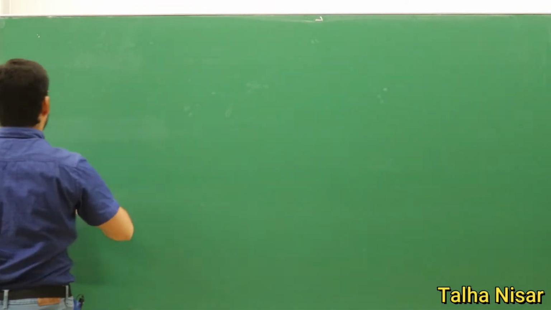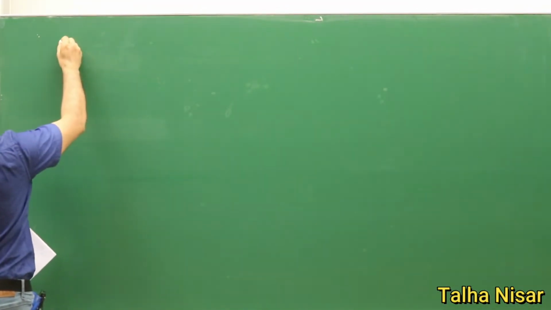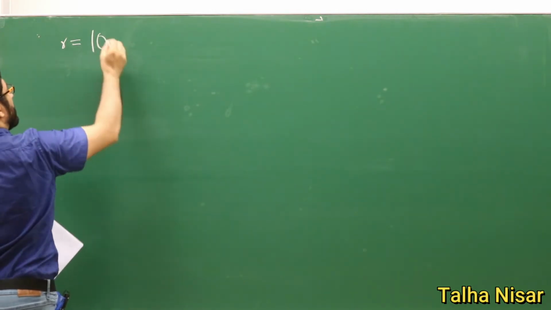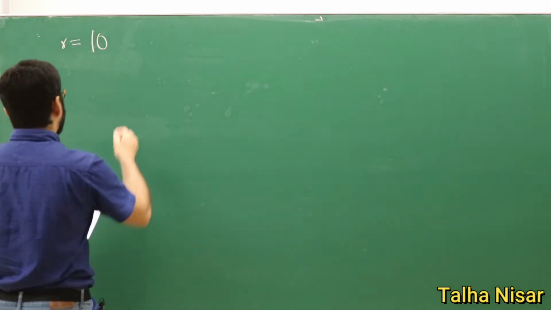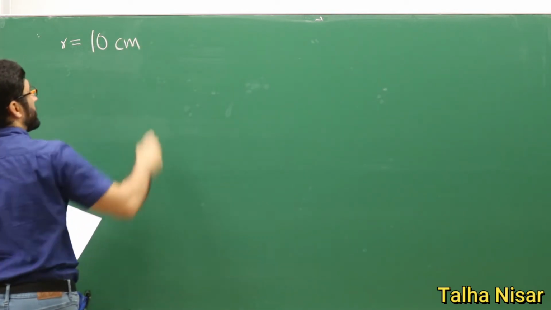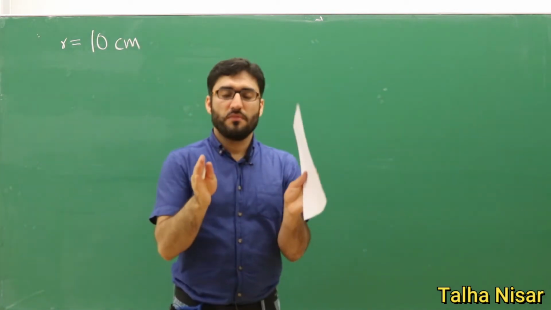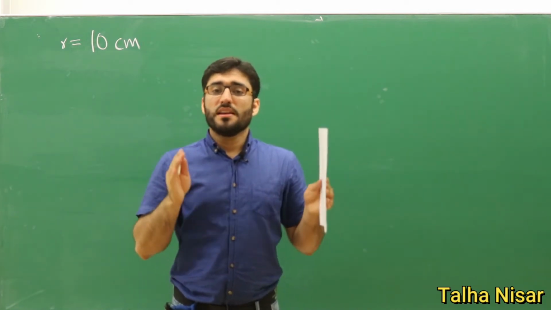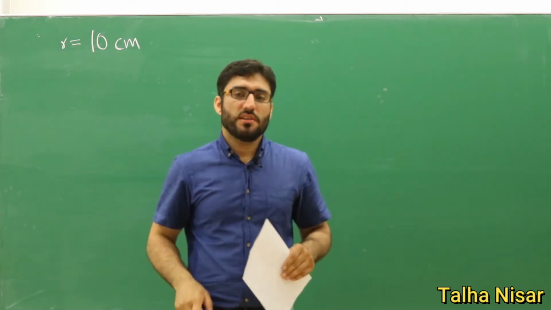For example, the radius of the motor spinning in the vacuum cleaner is 10 centimeters. So it's this size, a small or medium sized vacuum cleaner, and we want to see how much acceleration there is.